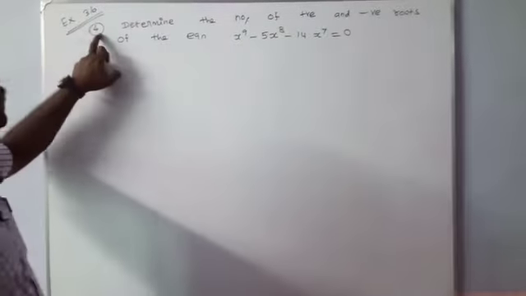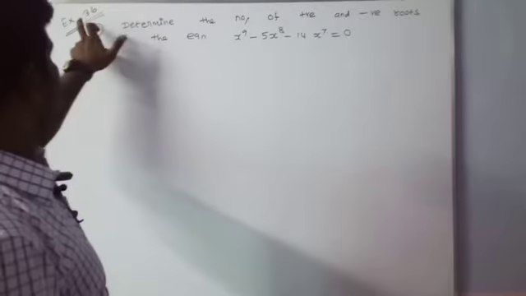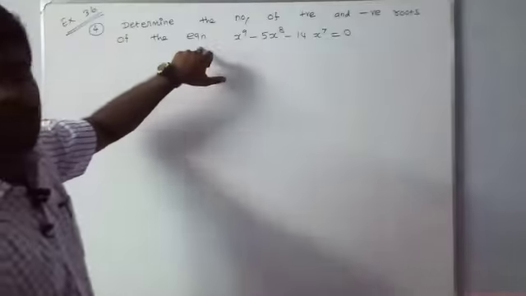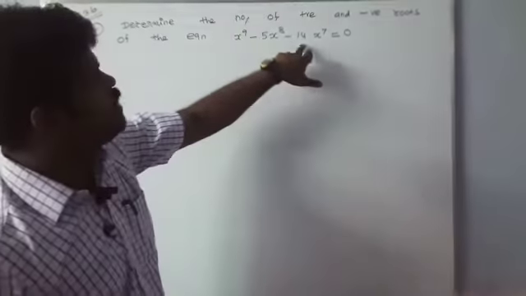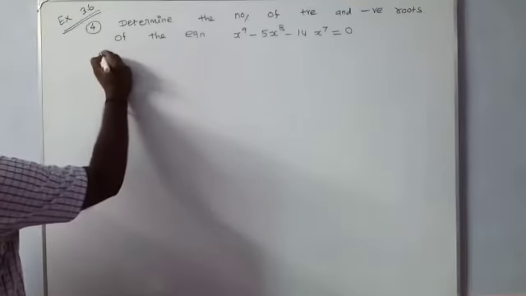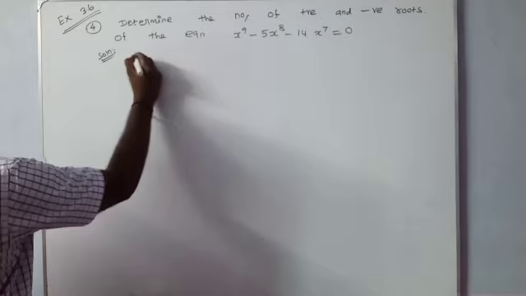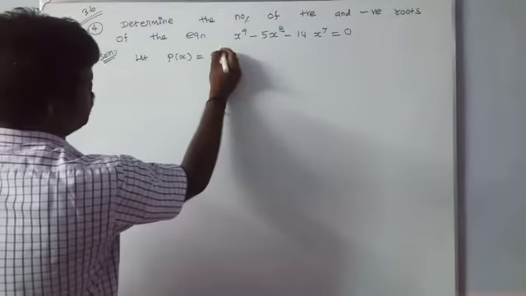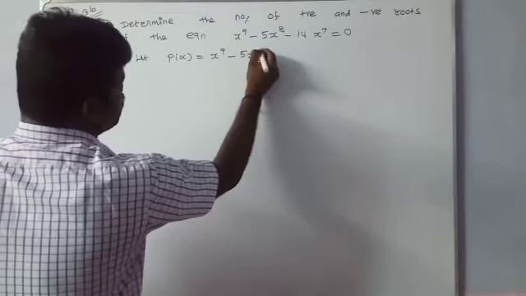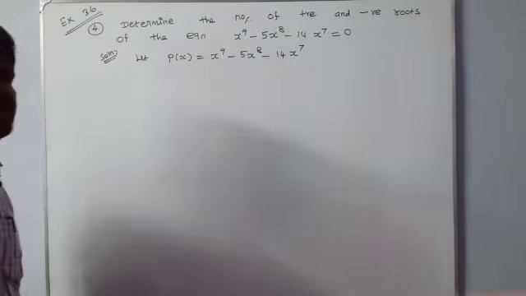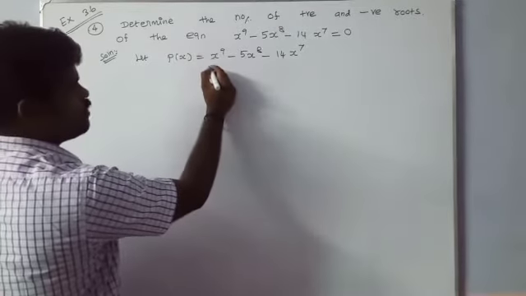Okay, the fourth sum of exercise 3.6. Determine the number of positive and negative roots of the polynomial equation x power 9 minus 5x power 8 minus 14x power 7 equals 0. With the same method, let us take p of x equals x power 9 minus 5x power 8 minus 14x power 7. We want to find the sign changes.